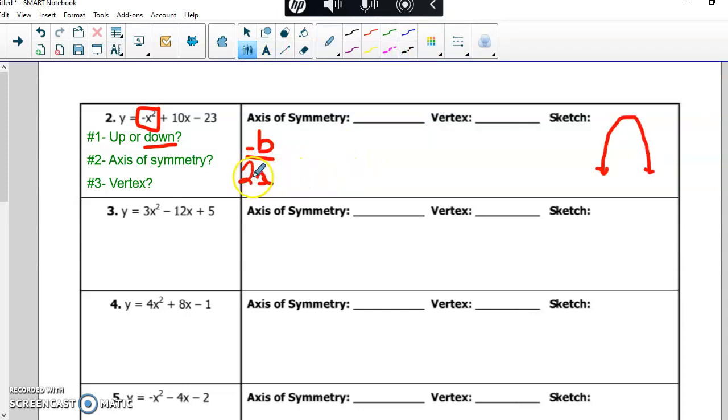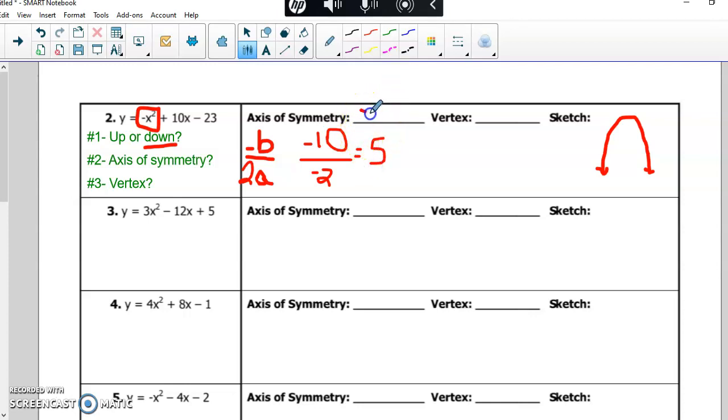Over 2A. Okay, so I know that if I'm going to plug in the information from my equation, my B value is a 10, so I have negative 10 over 2 times A, which is going to be 2 times that negative 1 because I have a negative 1 in front of those parentheses, which gives me a negative 2, which means my axis of symmetry is going to be a positive 5.